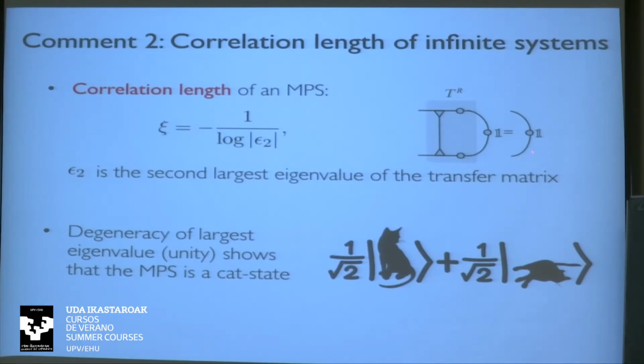We know that the dominant eigenvector of this transfer matrix is the identity because of the canonical form, because the Schmidt states are orthogonal. But the second largest eigenvalue is directly related to the longest correlation length in the system. So this is a quite handy tool if we, for example, want to look at critical points where we know that the correlation length will diverge.